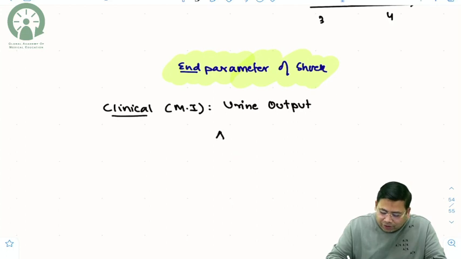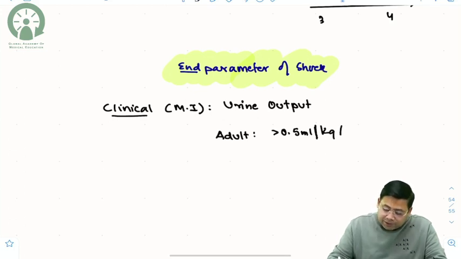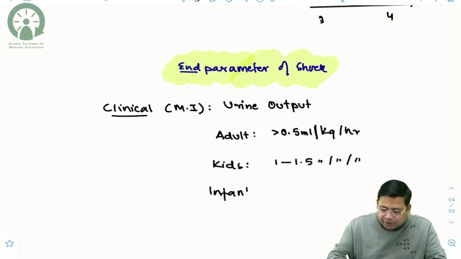Taking for an adult, it should be more than 0.5 ml per kg per hour. For kids, it should be 1 to 1.5 ml per kg per hour. For infants, they have to maintain it at 2 ml per kg per hour.